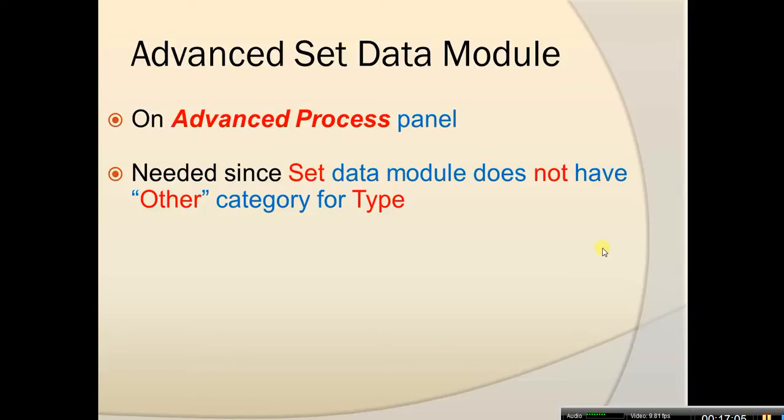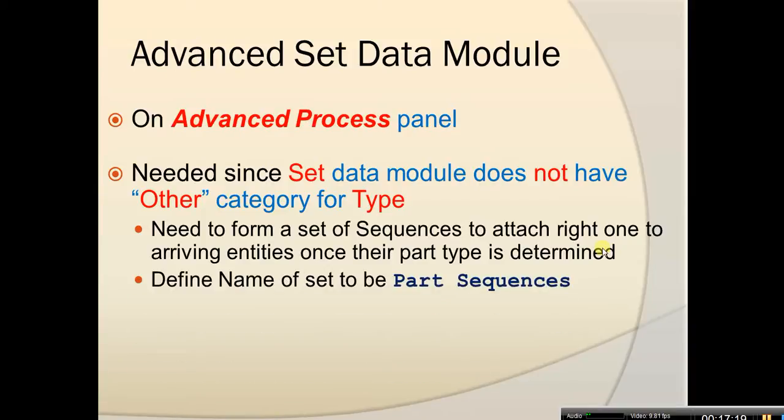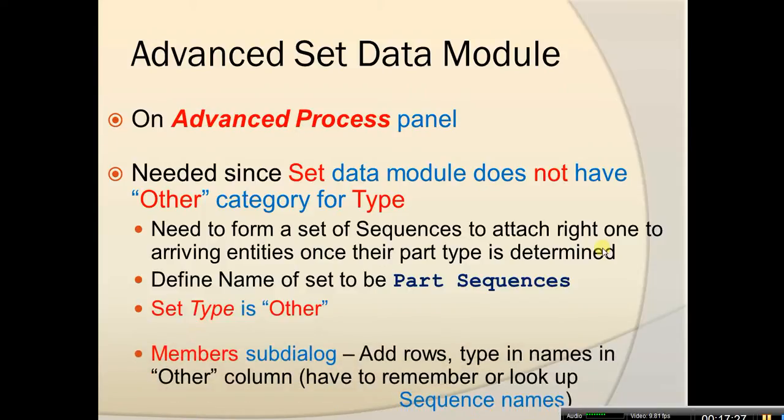That type of set data module does not have the other category for the type, and that's what we need in order to get the sequences combined together into a set. So we'll define the name of the set to be part sequences. The set type will be other, and then in the members subdialog we'll add rows and type in names. So let's go ahead and do that.